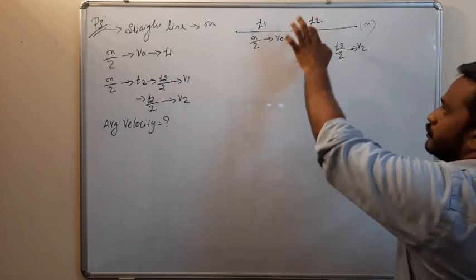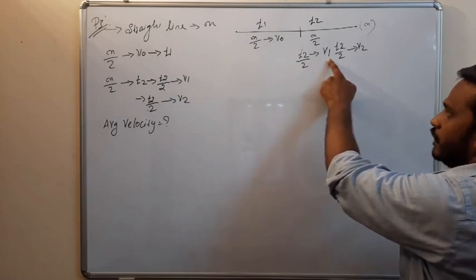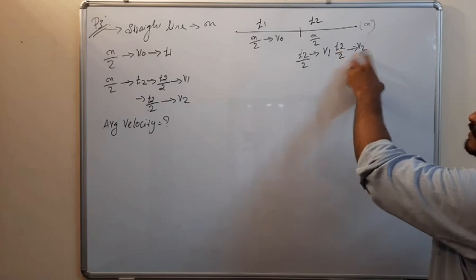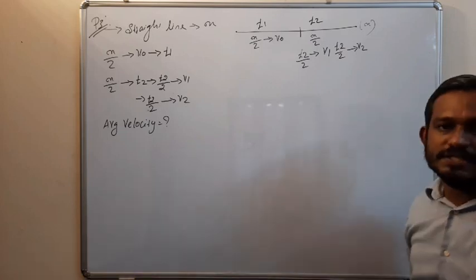In that t2, the half of the time, t2 by 2, is covered with the velocity v1, and the remaining half of the time, t2 by 2, is covered with the velocity v2. So we have to find the average velocity.